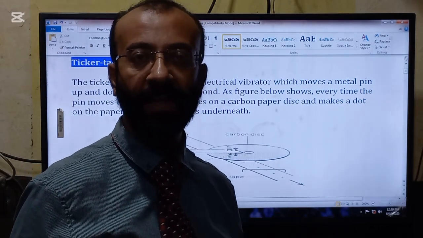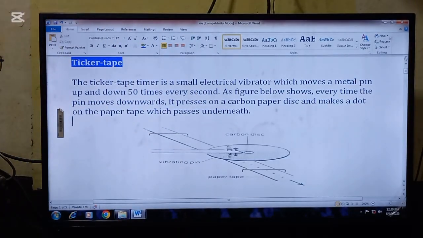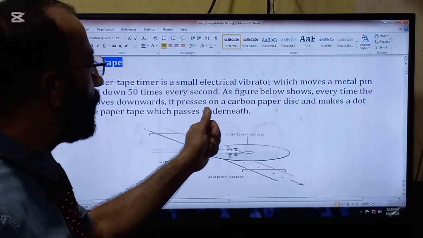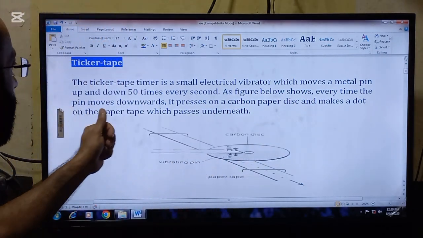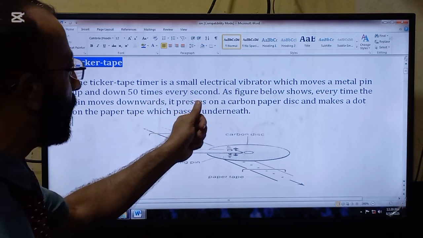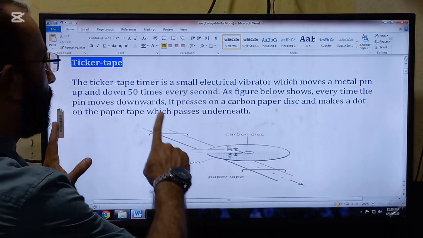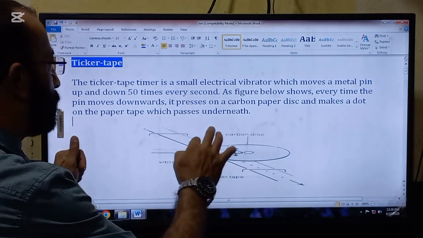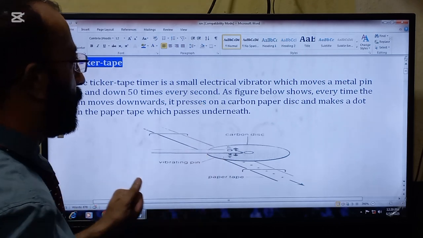But the thing is attentiveness. So we are going to start now. The ticker tape timer is a small electrical vibrator which moves a metal pin up and down 50 times every second. So a ticker tape timer is an electrical vibrator which actually puts 50 dots in every 1 second.